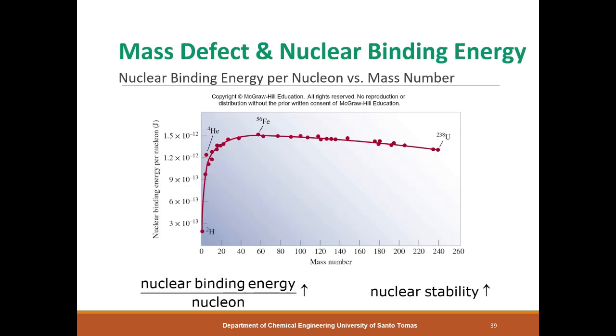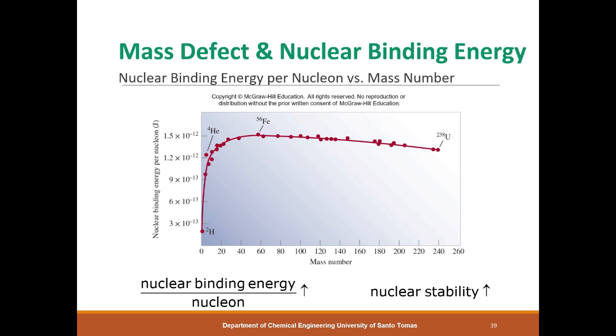The nuclear binding energy per nucleon enables us to compare the stability of all nuclei on a common basis. This figure shows the variation of nuclear binding energy per nucleon plotted against the mass number. As you can see, the curve rises rather steeply.